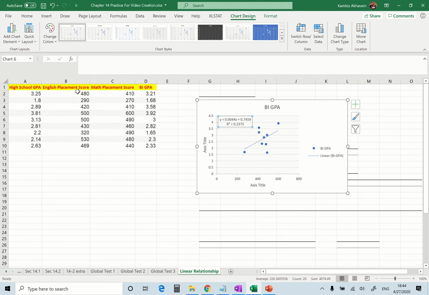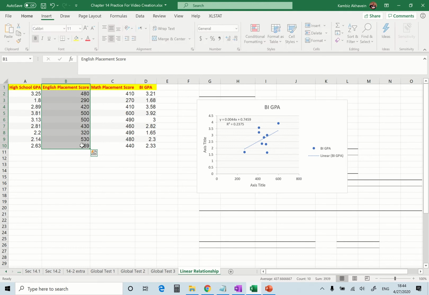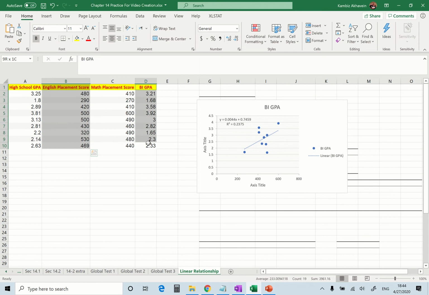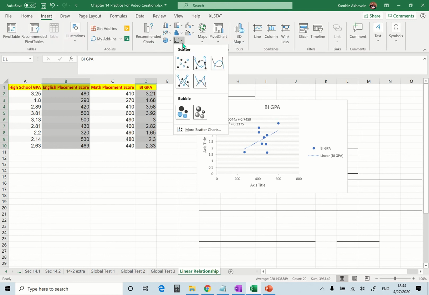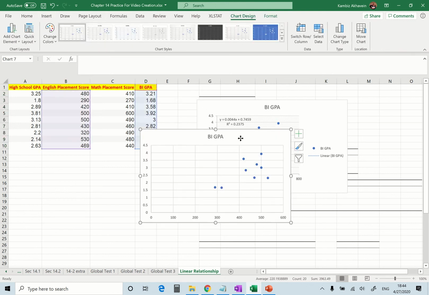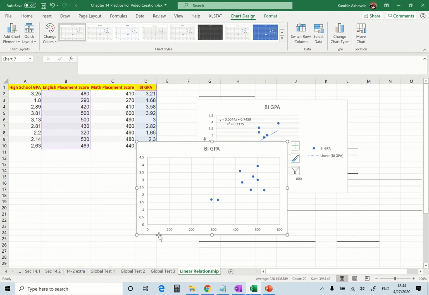The second check is to take the English scores, that's my independent variable, and the dependent variable. So I did math and GPA. Now I do English and GPA. So I go to insert and this one. Same thing.